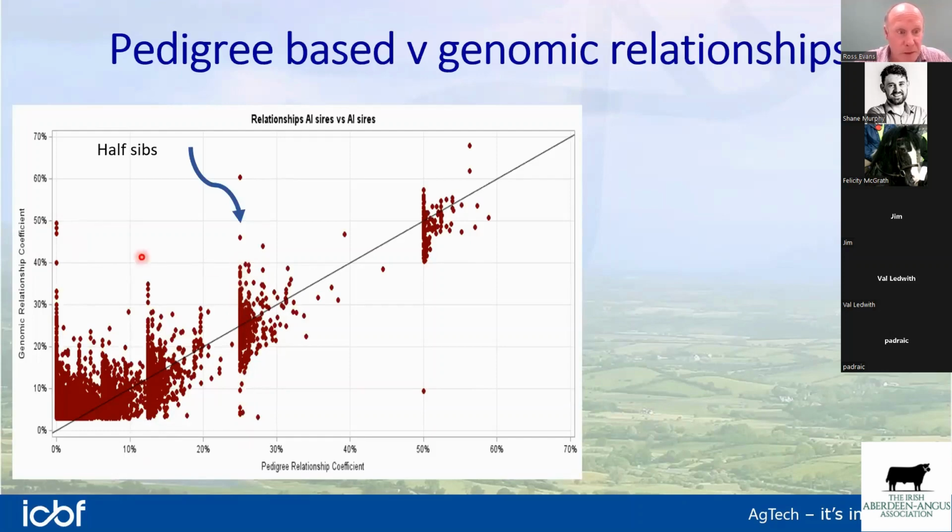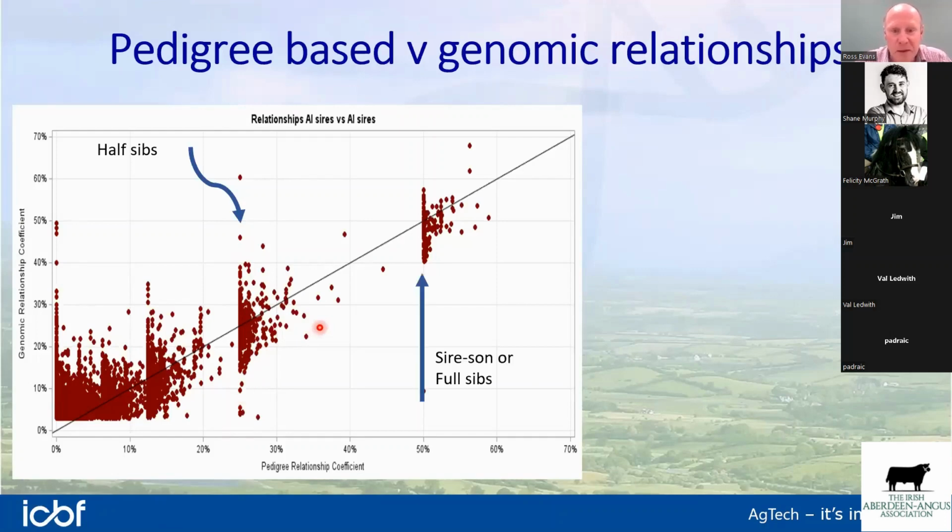Whereas with the genomic relationship, it does manage to filter that out. You have animals as low as 7 or 8%, up to as high as 50 or 60%. That gives more information to suggest that you could have two half sibs in there, and some of them are almost as related as full sibs, and others are almost as unrelated as the rest of the population.